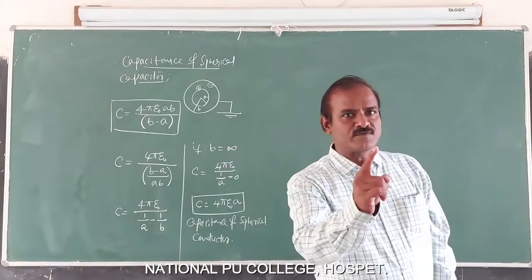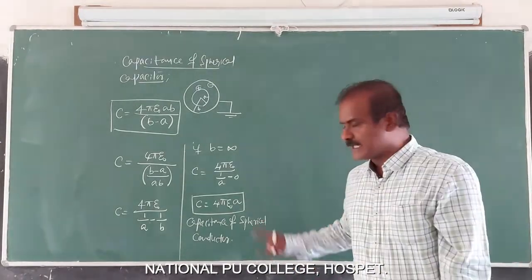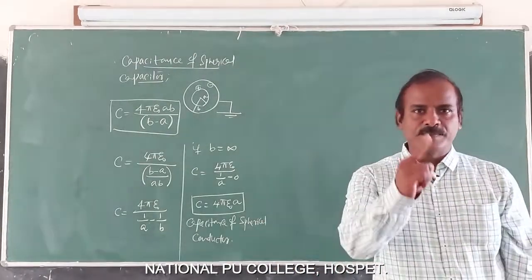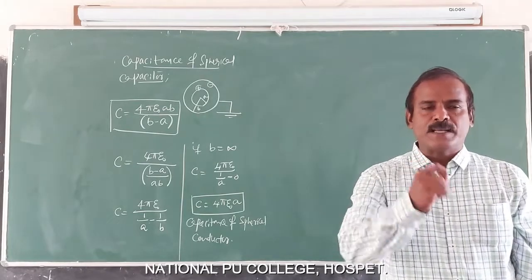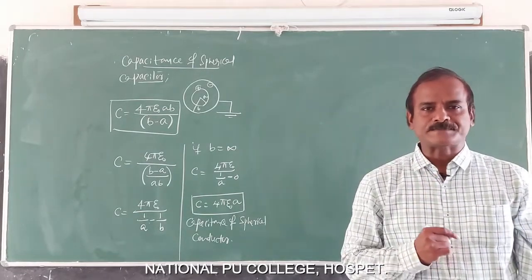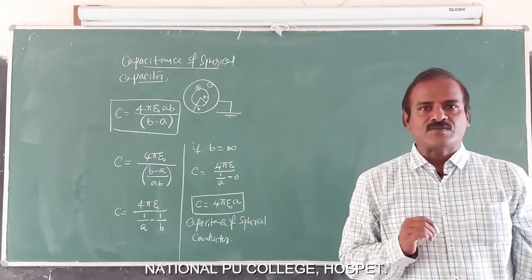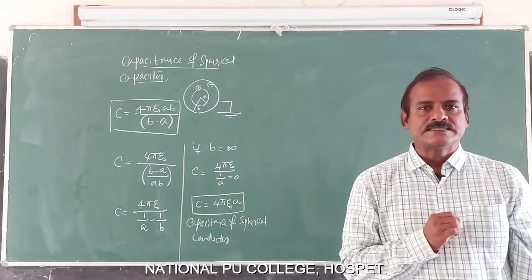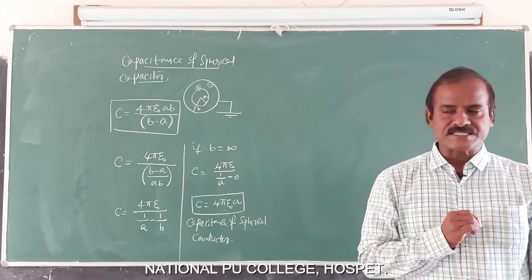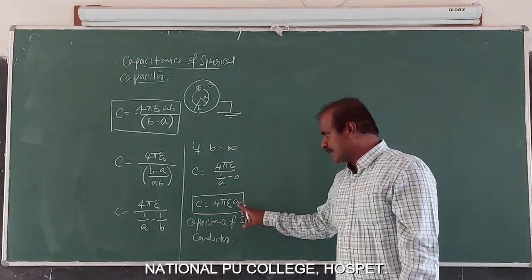The first formula for capacitance written for a spherical conductor, if you remember, taking earth as an example. In fact, we calculated the capacitance of earth to collect charges on its surface by substituting the radius of earth.